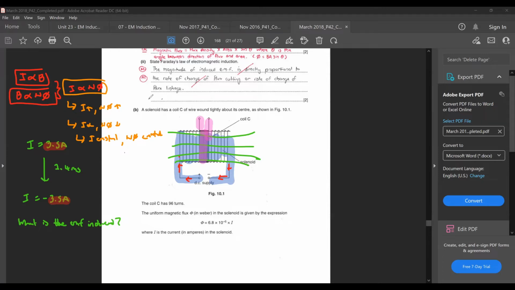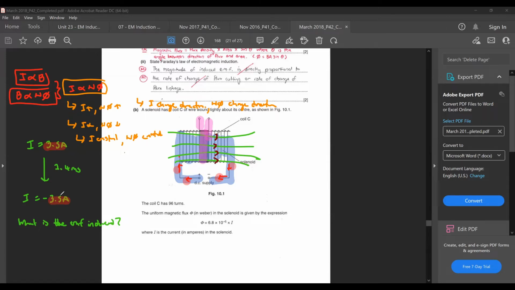Now from here, you can also say that if I change direction, flux linkage also changes direction. So let's just say right now I have the current that is indicated by these red arrows here. I could have a magnetic flux linkage that is at a certain direction, maybe like this.